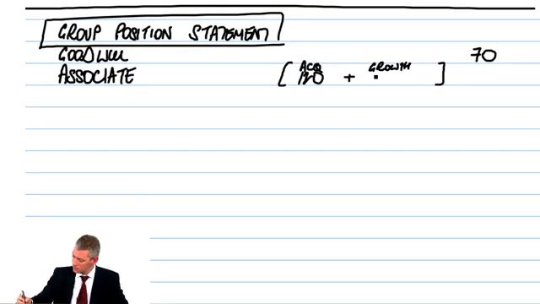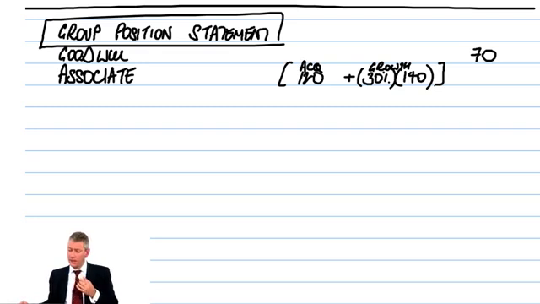30% of that 140. And that gives us 42. And the 42 is slapped on top of the 120 to give us 162.